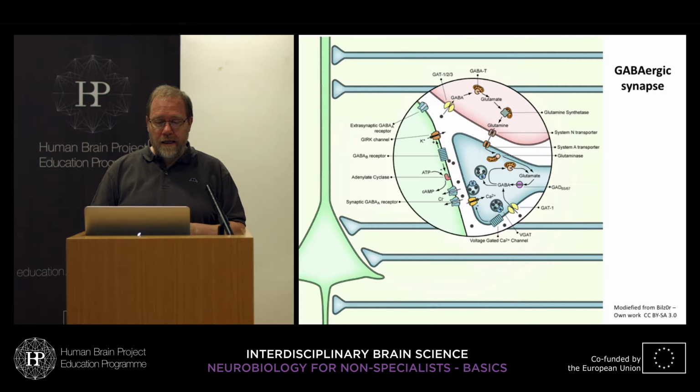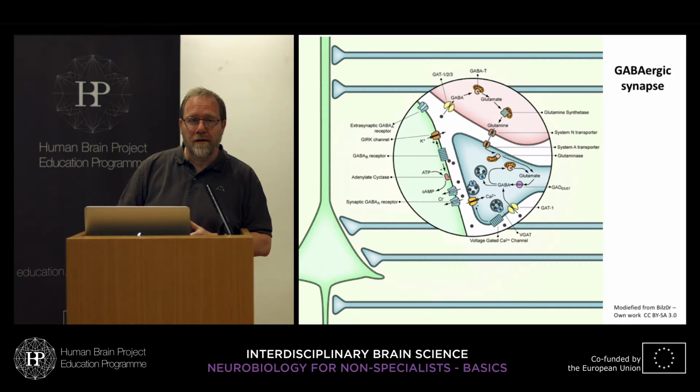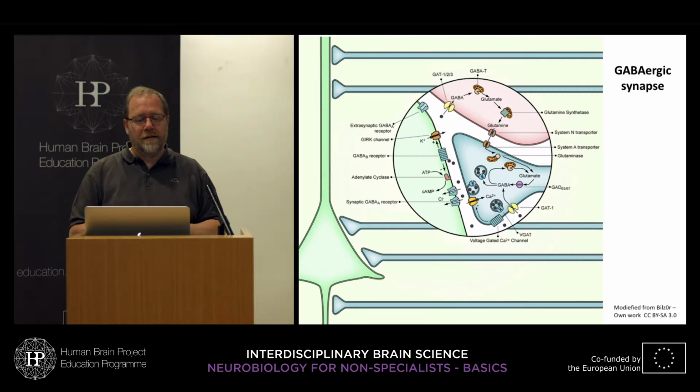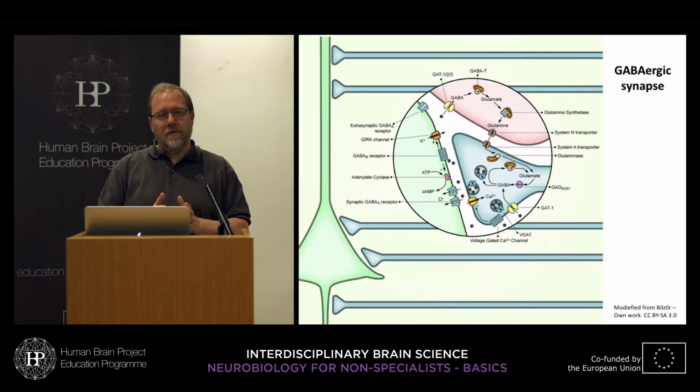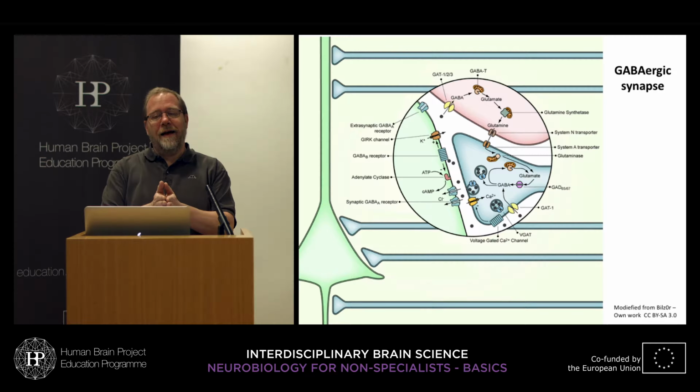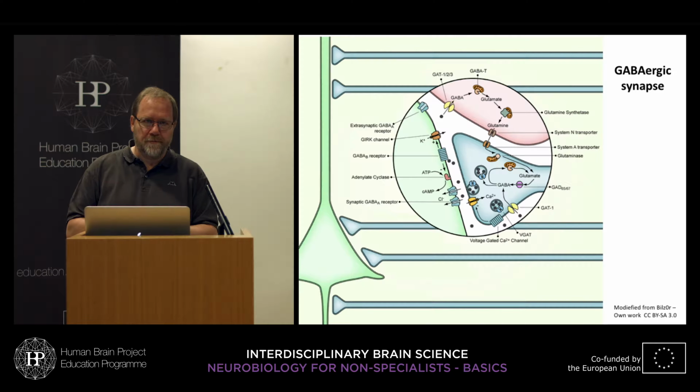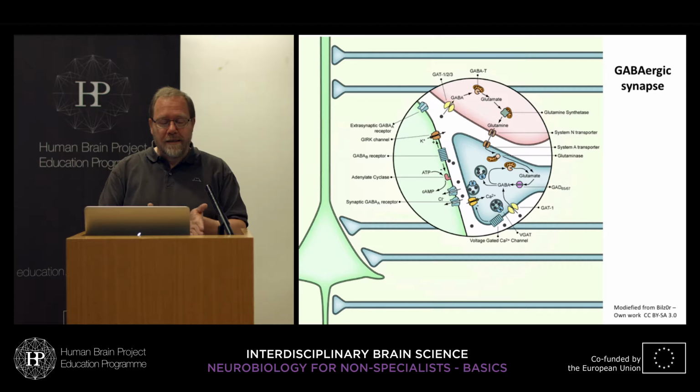Okay, if we now look at such a synapse in terms of function, we just discussed how the neurotransmitter can be released. But what happens afterwards? So the release of the neurotransmitter is the first step in signaling. The second step in signaling is basically receptors on the postsynaptic side which collect this information.